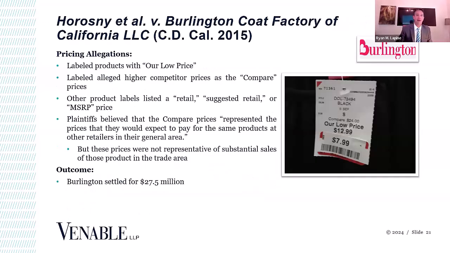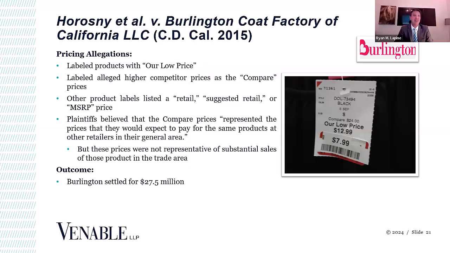We're going to talk a bit about Burlington Coat Factory, and this one is another compare at. And one of the things here that was important is that the compare at price wasn't representative of substantial sales of that product in the trade area. And look, again, going back to what I talked about earlier, there's always a gas station that's going to be $2 higher. We have it here in Los Angeles. I'm sure Melissa can find one in DC. Everyone knows where it is.